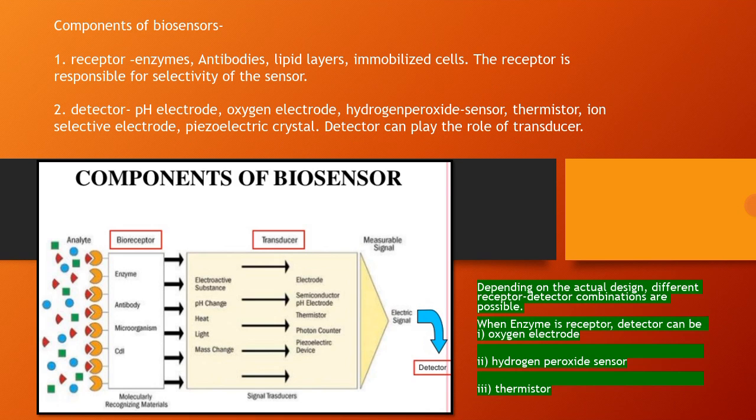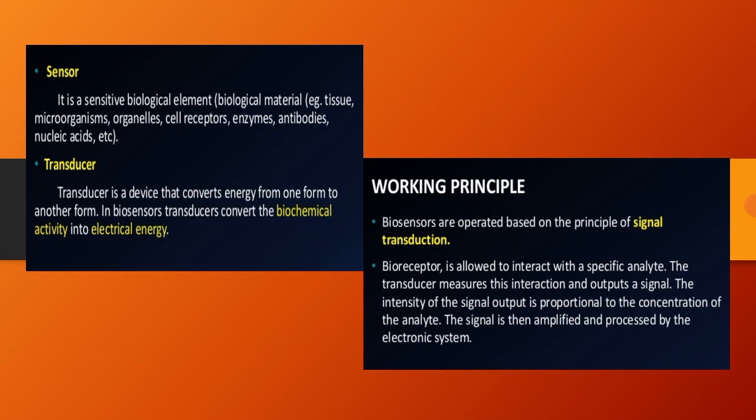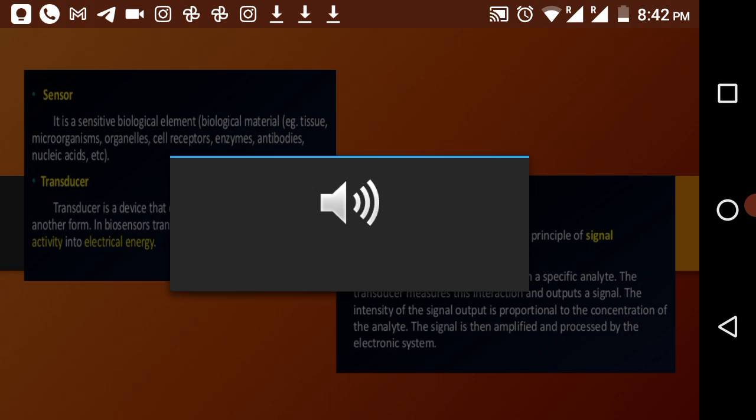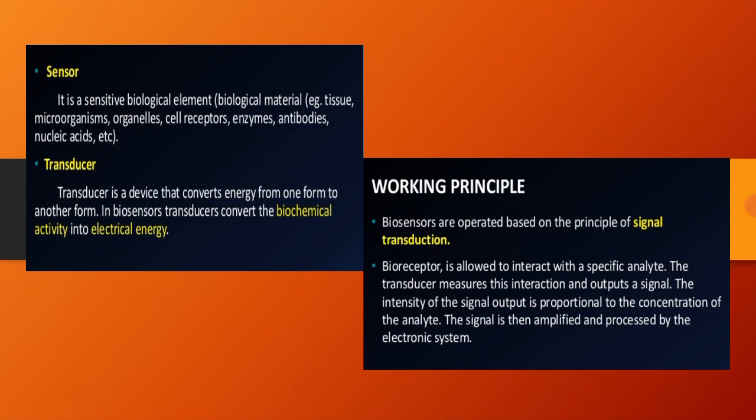Now we will see the working and the role of the sensor and the transducer. Coming to the first picture, they have mentioned the sensor. As the name says, the sensor will be responsible for sensing, right? Sensing any reaction or sensing the change in the reaction.